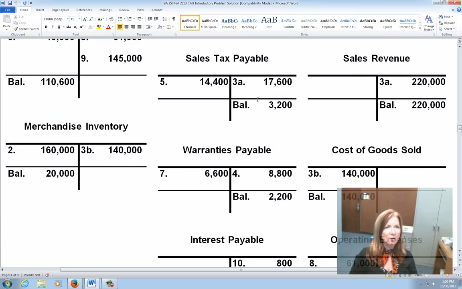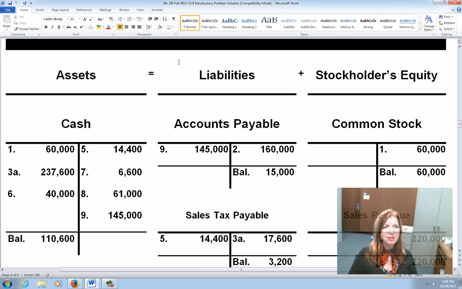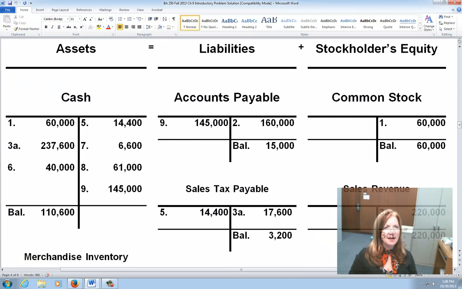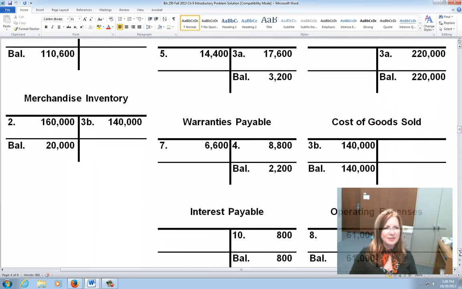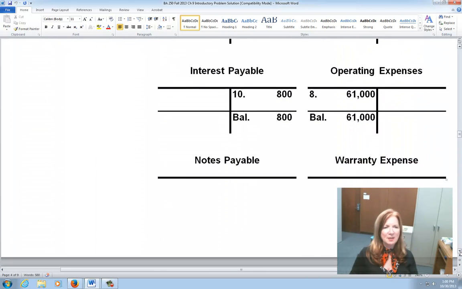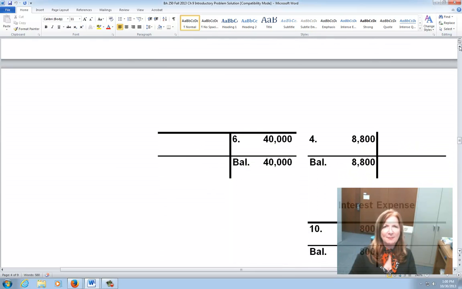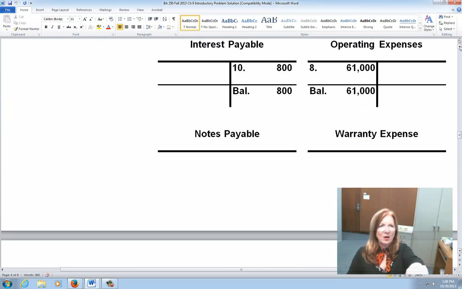And then here's the liabilities up here. I see accounts payable, taxes payable, warranties payable, interest payable, notes payable, and that's all the liabilities that I'm using. So notice these all go up with credit, so they all have credit balances.